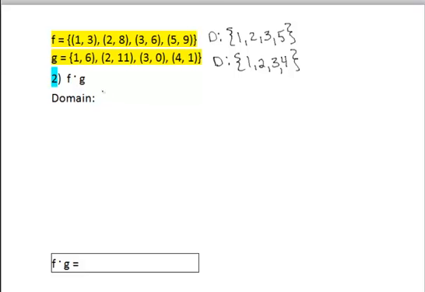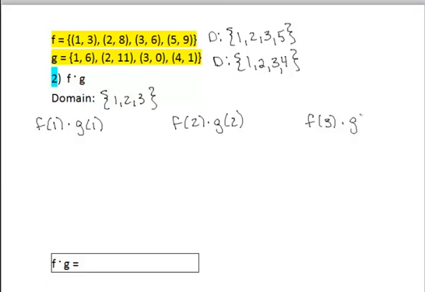So the intersection of those domains will be 1, 2, 3. So we're going to find f of 1 times g of 1, f of 2 times g of 2, and f of 3 times g of 3.